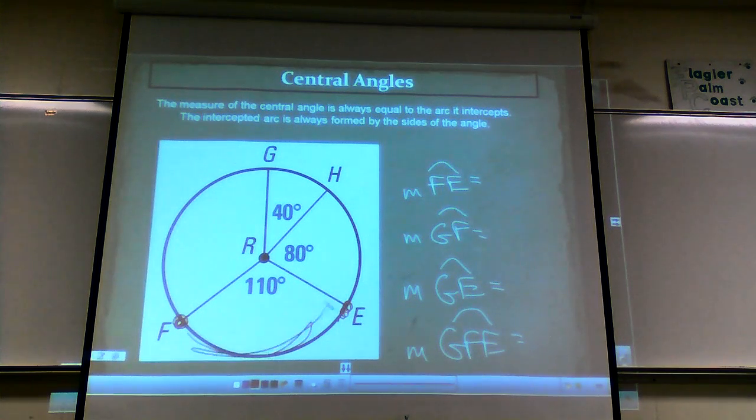This is the arc I'm looking at. If I go from those endpoints back in to the center, basically I'm tracing out the angle I need to look at. Obviously if I trace that in, I see that angle is 110.